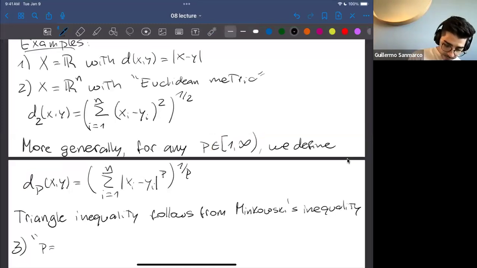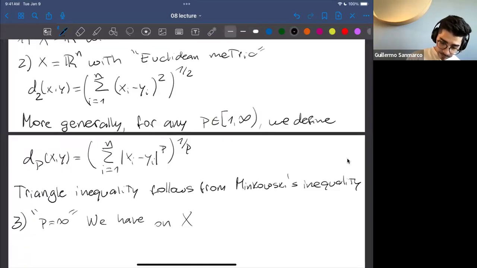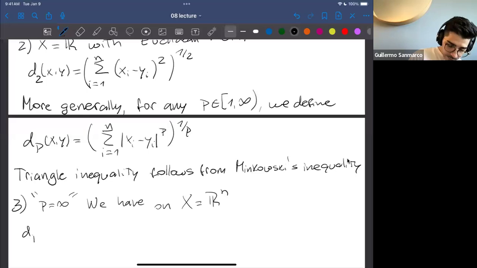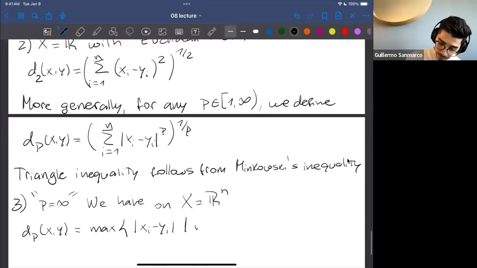So for p equals infinity, we have this metric, also on Rn, the distance d_infinity between x and y. Here we just need to compute the max of the absolute values |xi minus yi| over all coordinates.